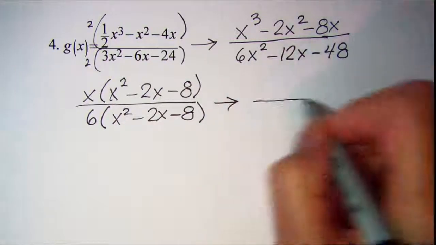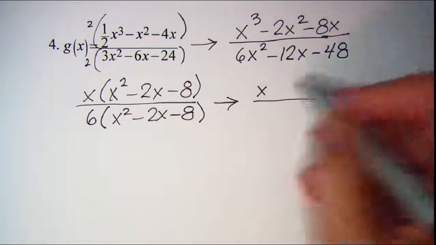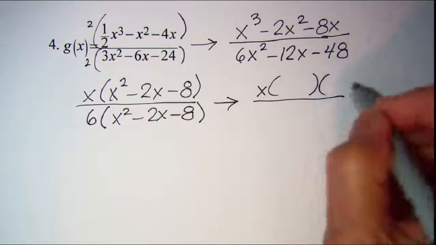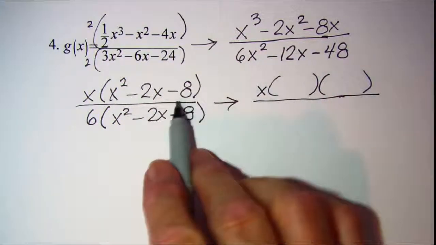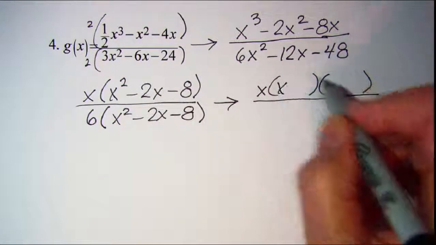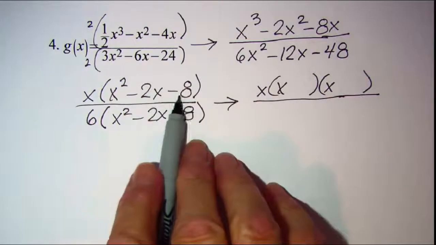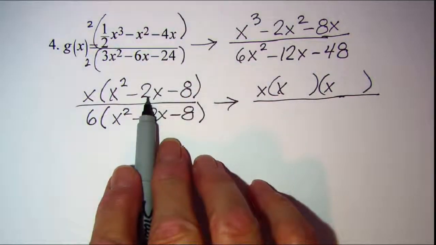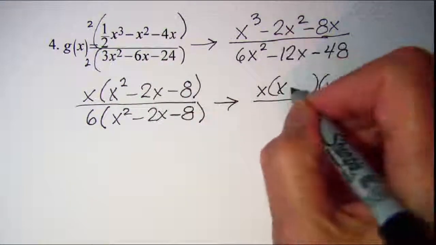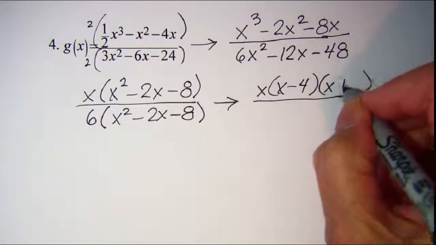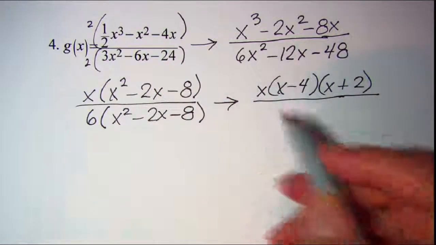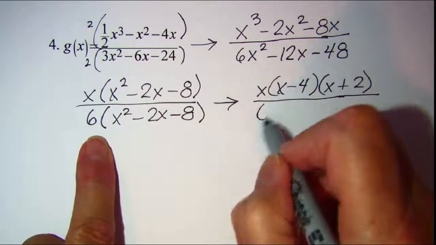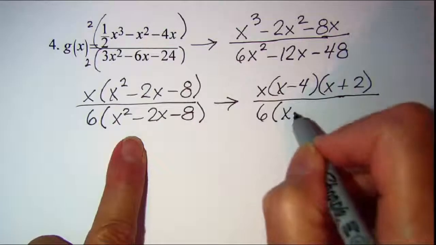So in my numerator I have x, and x in the first terms, I need two numbers that multiply to give me a negative 8 and add to give me negative 2. So I have a negative 4 and a positive 2. And those will be factors in the denominator as well.